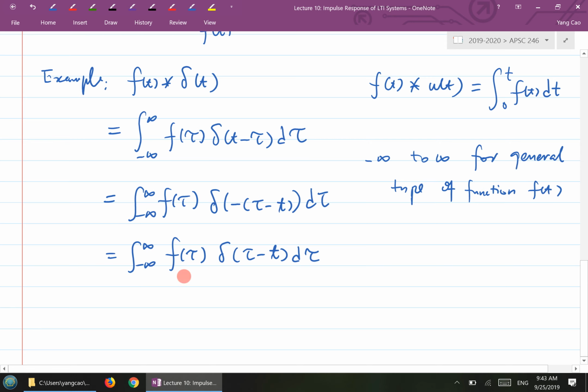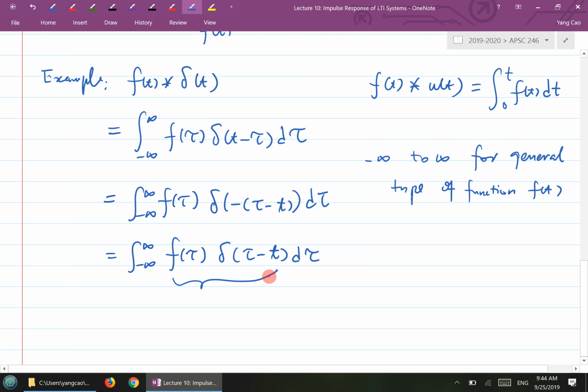Once we're at this step, we have to be very clear about the perspective now. This is an integral with a dummy variable tau, right? So when you're integrating with respect to the dummy variable tau, you're treating t as a constant.